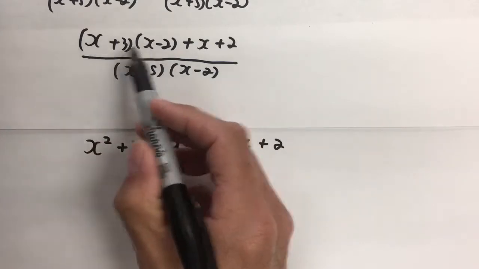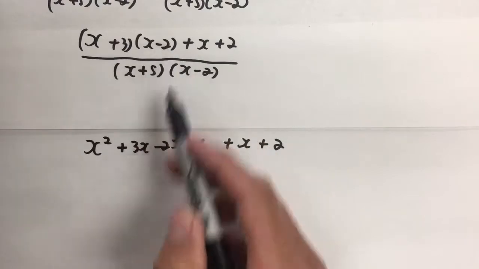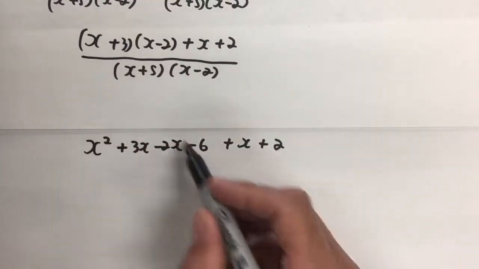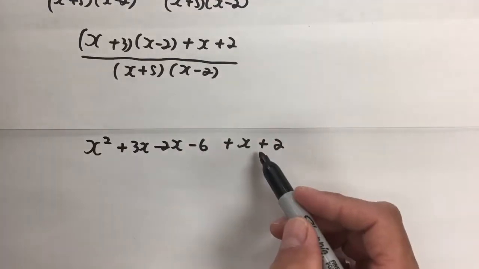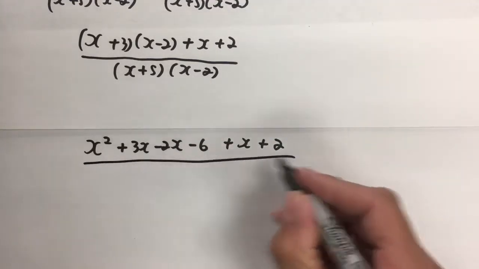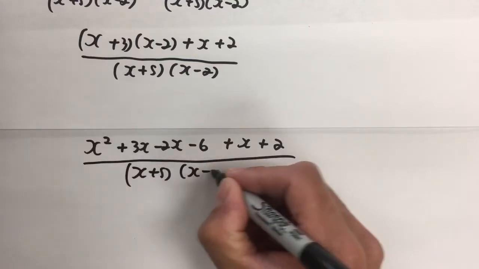So this is x squared plus 3x minus 2x minus 6. Those 4 terms come out of expanding this, and then we still have our x plus 2 at the end. All of that's over x plus 5 times x minus 2.